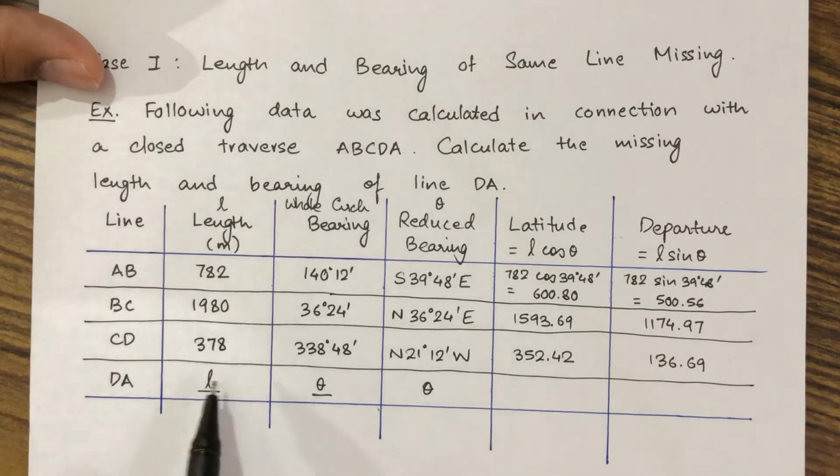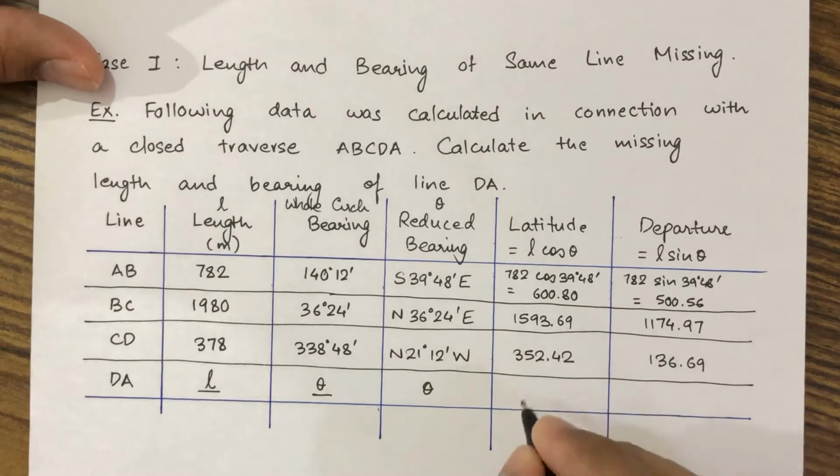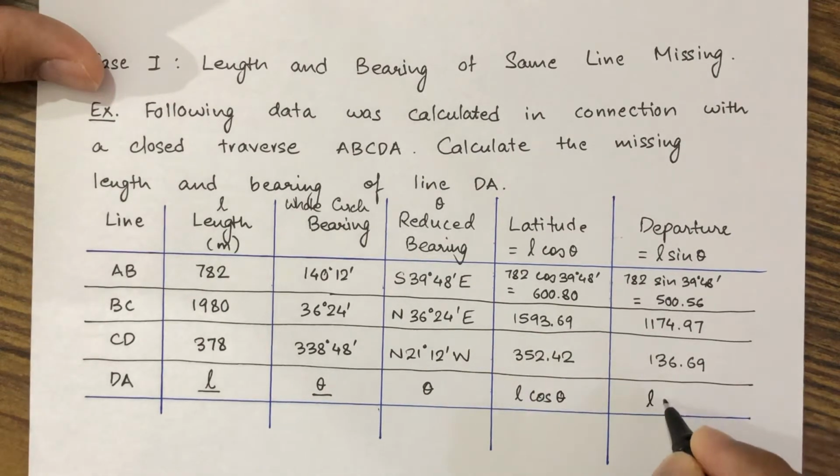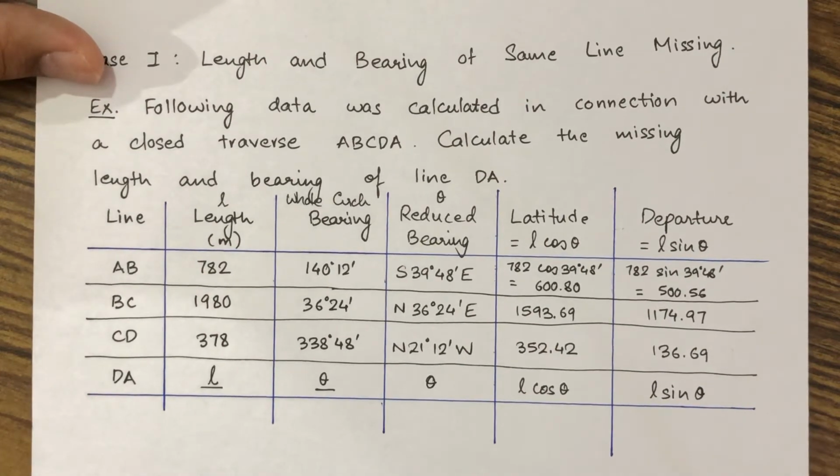And here the length is given as L and reduced bearing is given as theta. So latitude will be written as L cos theta itself and departure will be written as L sin theta. Fine.